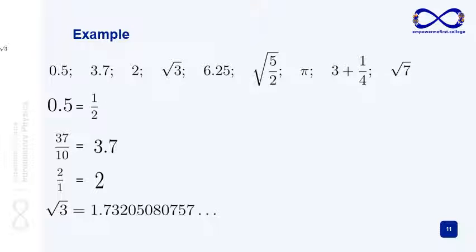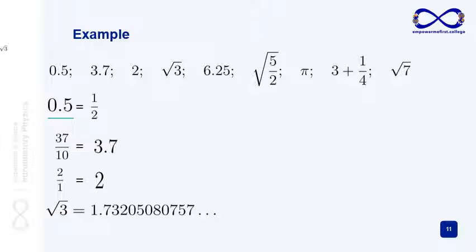You are given 0.5. Remember, we have given you examples of rational numbers, and most of these actually give you an exact figure when they are divided.